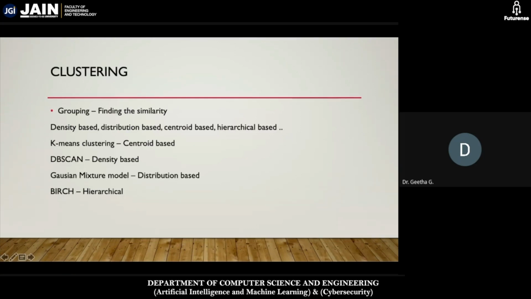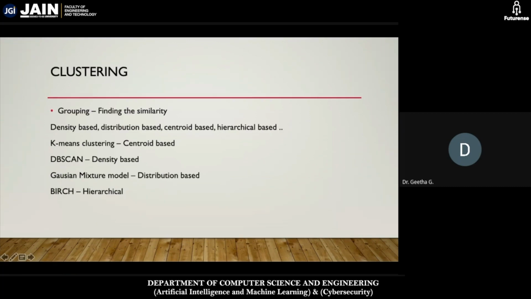So what people do these days, whenever you have a clustering problem, you want to do some market research, is take the data and apply all the methods: k-means clustering, DBSCAN, Gaussian mixture, Birch. You apply all these techniques, find out what result you are getting, compare the results, and then whichever is best, you go in for.